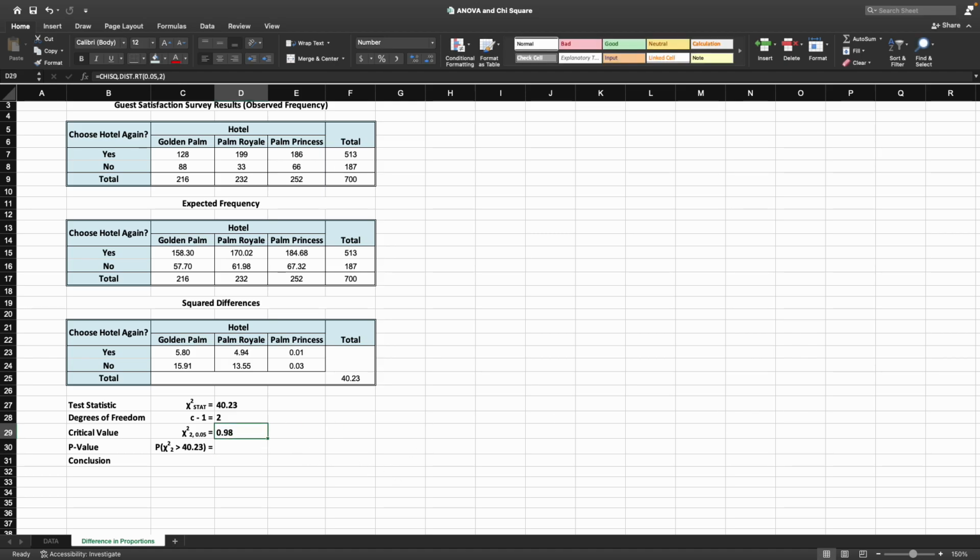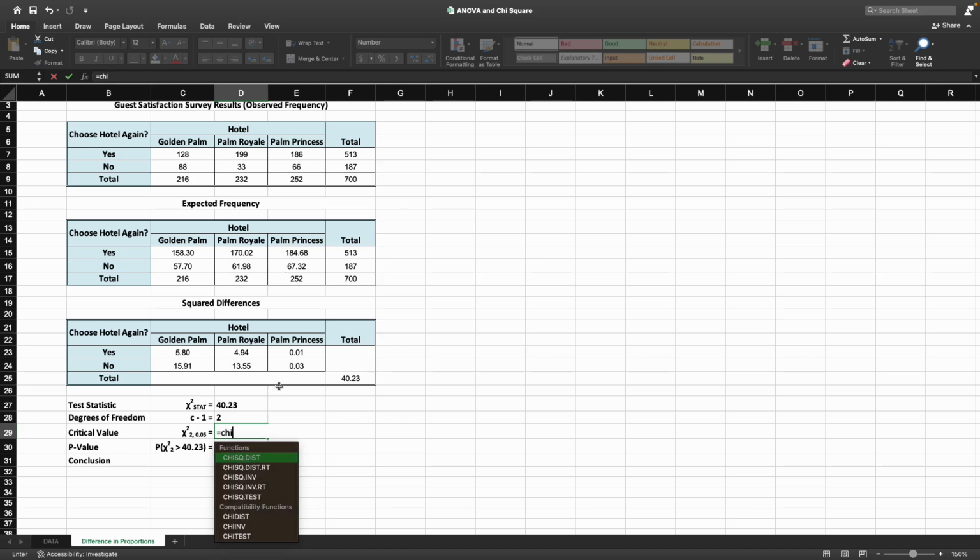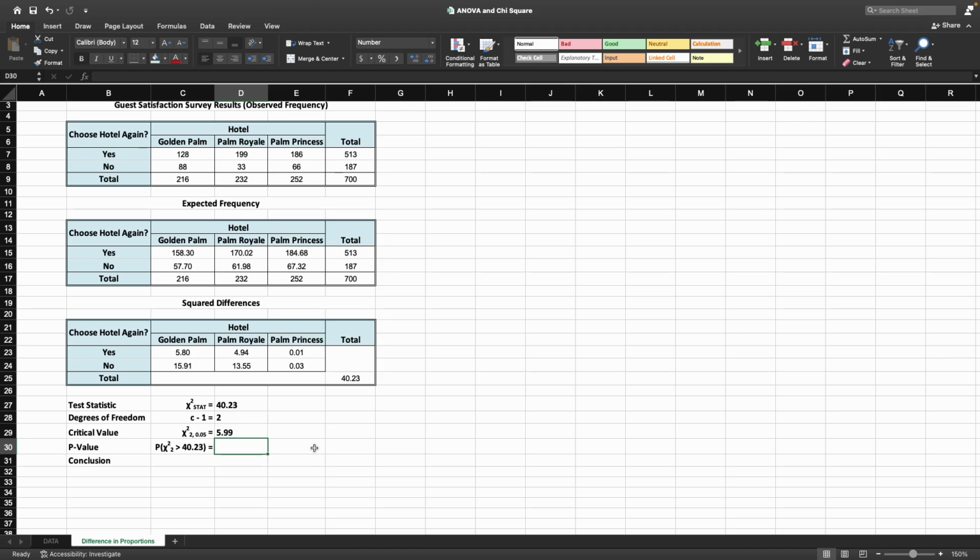Let me try that again. I used the wrong function. I am sorry. This should be equals chi-square dot inverse dot RT. Probability is 0.05, degrees of freedom is 2. I'll let you look at that for a moment. We use 0.05 for probability because we're using alpha 0.05, and 2 because we have 2 degrees of freedom. Enter, and you get 5.99, and that is our critical value.